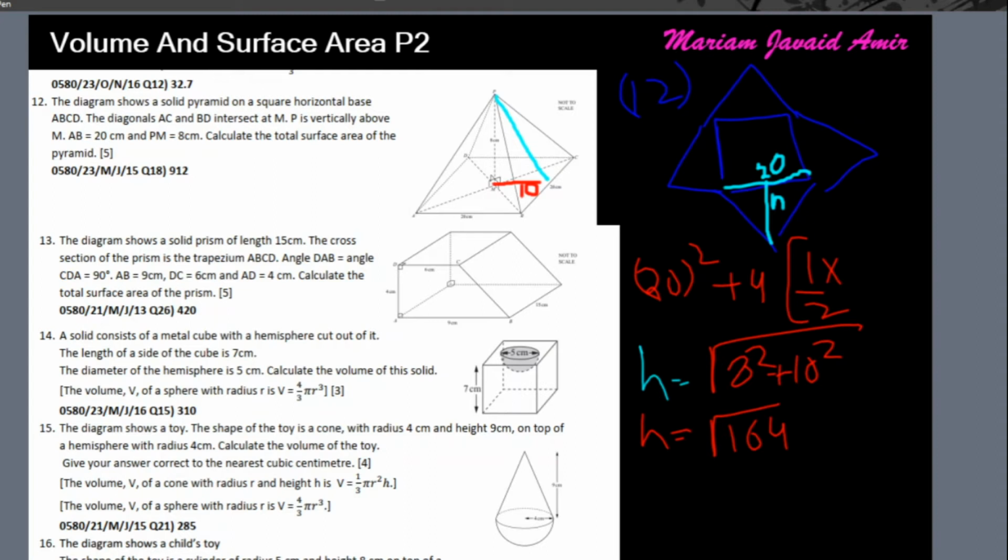So we have the height. Now I'll substitute the value here: half into base, which is 20, times height, which is the square root of 164.